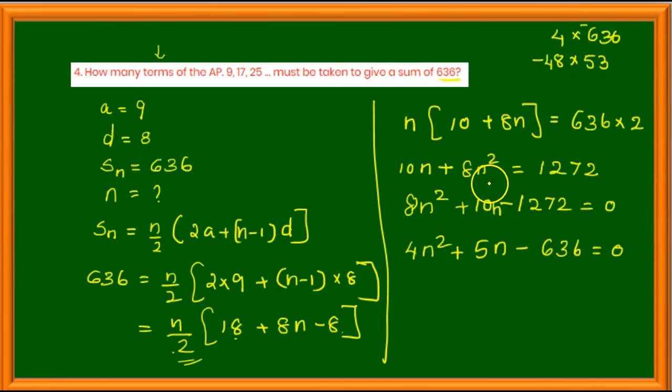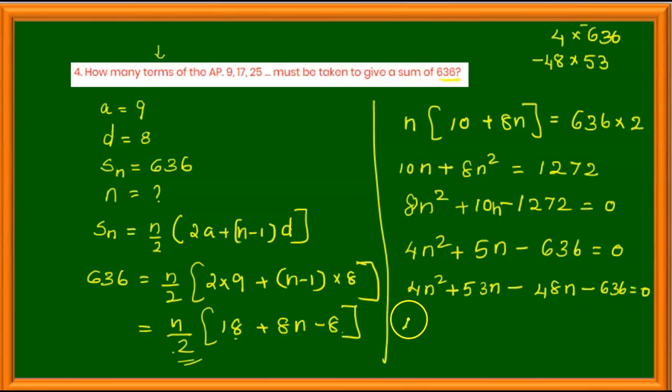If you multiply both of these, you get a product of negative 2000 something, as we said already. So here we can write this as 4n square plus 53n minus 48n minus 636 equal to 0.